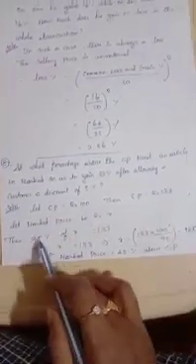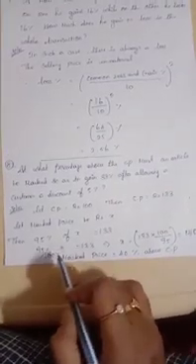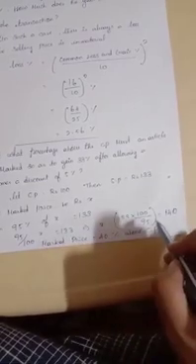Let the marked price be rupees X, then 95% of X equals 133. So 95 divided by 100 X equals 133. X equals 133 into 100 divided by 95. We get 140. Marked price 140, subtract 100, so 40% above CP.